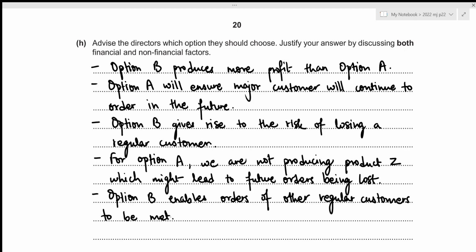And for option B, we know that we are reducing the selling price for product X so that our sales level of product X will be increased. But we do not know whether the price cut actually produces the required level of sales of product X now and in the future, since we are losing our major customer who places 5,000 units of order every month forever, right? So we can write it down as well.